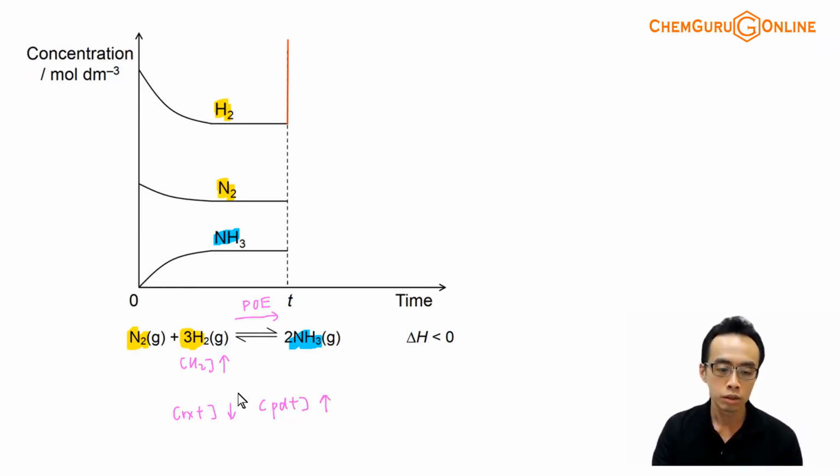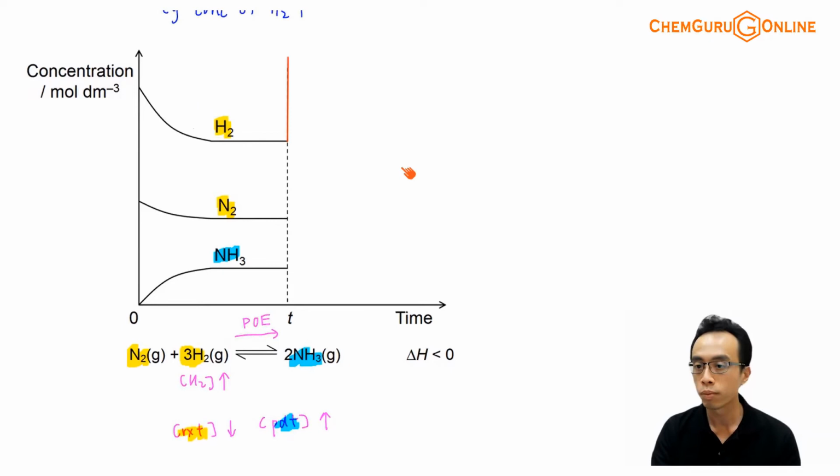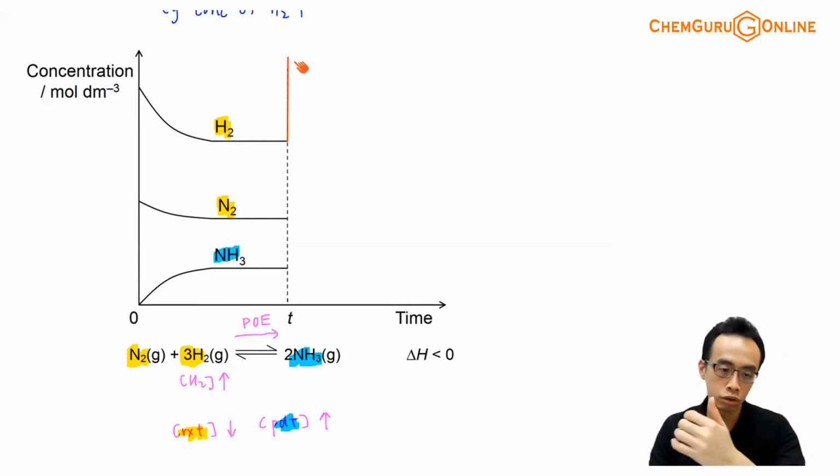And this would mean that the amount of your N2 and H2 will drop, and the amount of your ammonia will increase. So when I try to go back to this graph and I try to reflect this in the graph, I know that the concentration for H2 shoots up, the position of equilibrium will shift towards the right hand side.